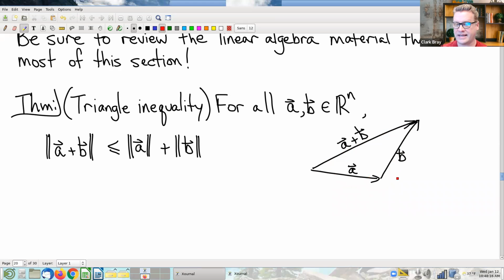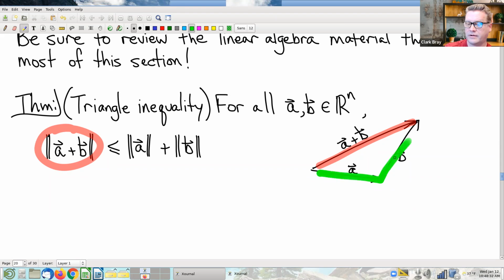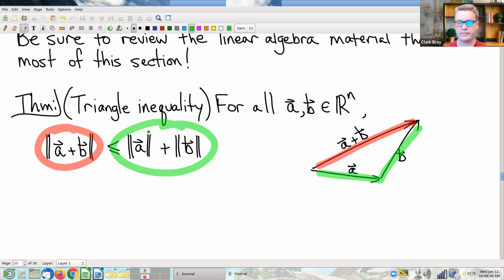And the innocent statement is that this distance, namely the magnitude of the sum, can never be any bigger than that distance, namely the sum of the magnitudes of the two input vectors. No side of a triangle can be longer than the sum of the other two.